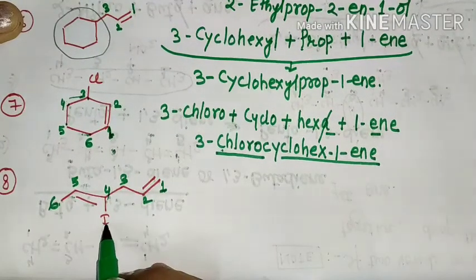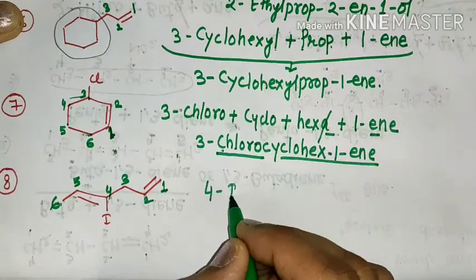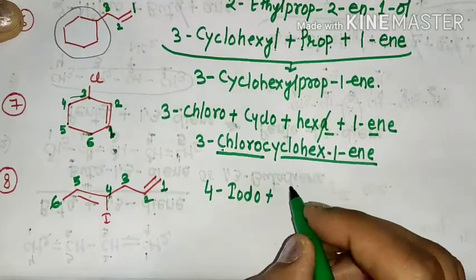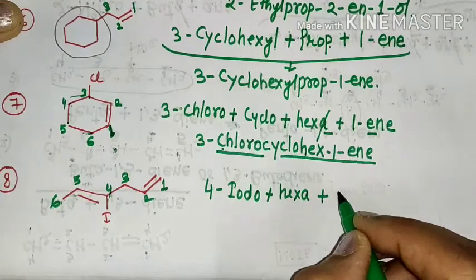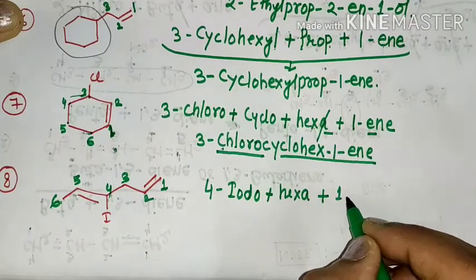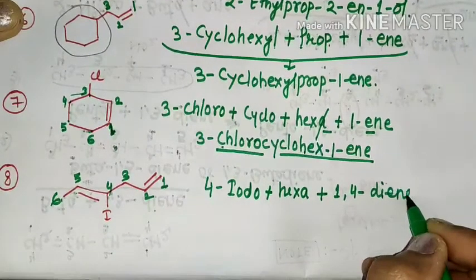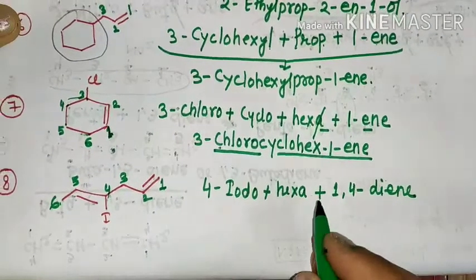First we have to write the substituent secondary prefix, and it is 4-iodo plus there is no primary prefix, word root is hexa plus primary suffix 1,4-diene. There is no secondary suffix, no functional group is there.